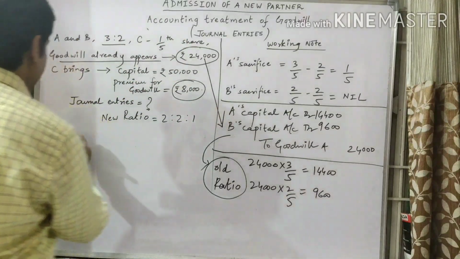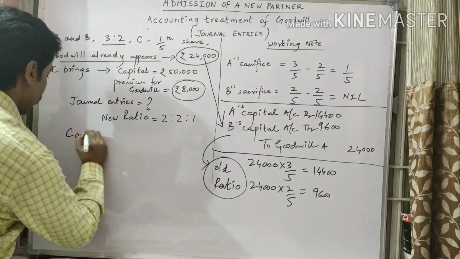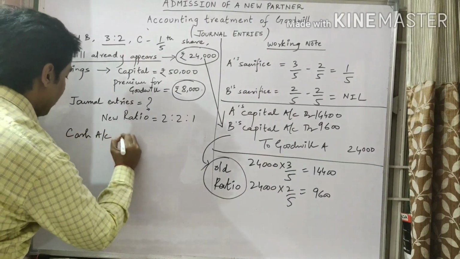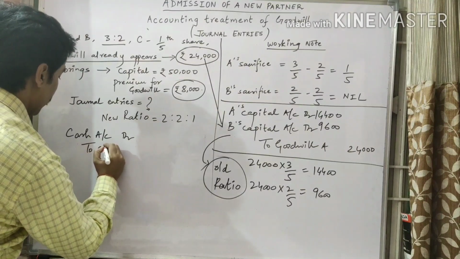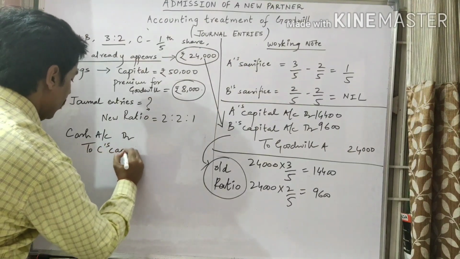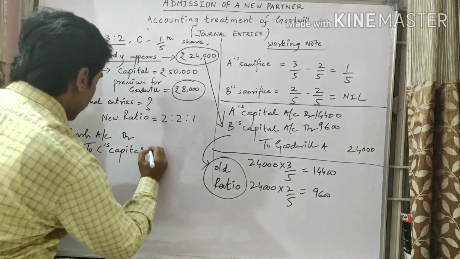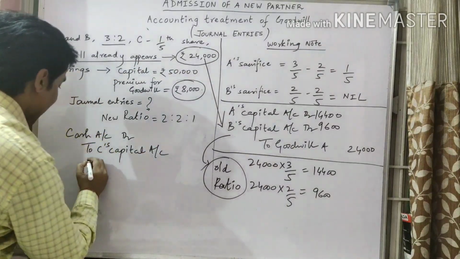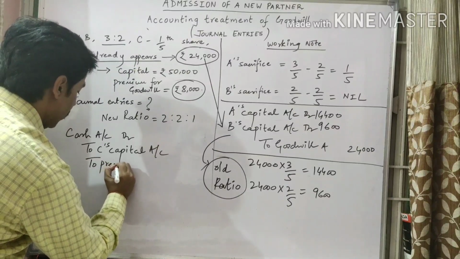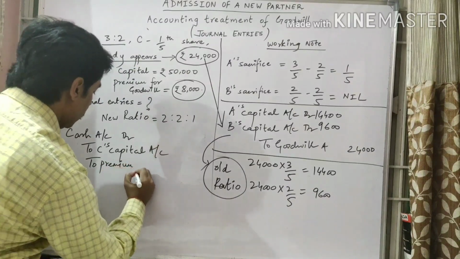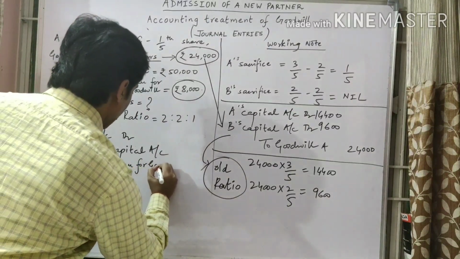Now we need to pass entries regarding bringing of capital and premium by the new partner, and this entry you already know by what we have studied today. Cash account debit to capital account, to premium for goodwill account.